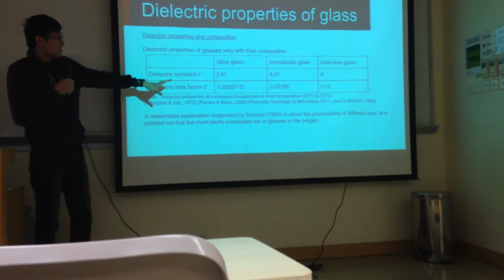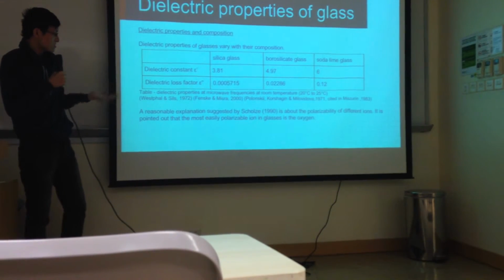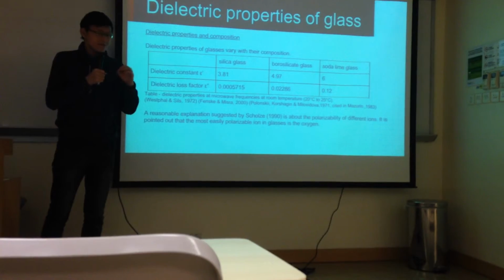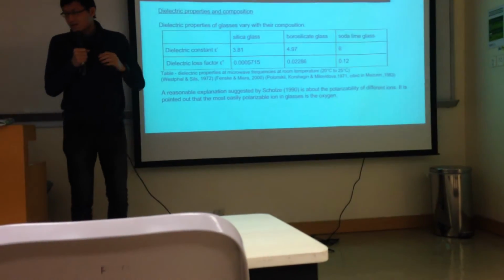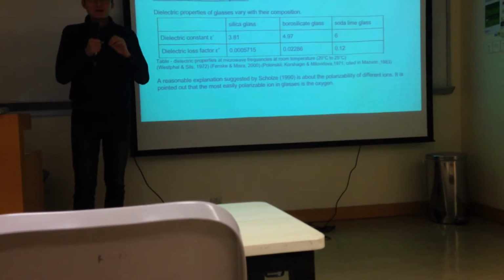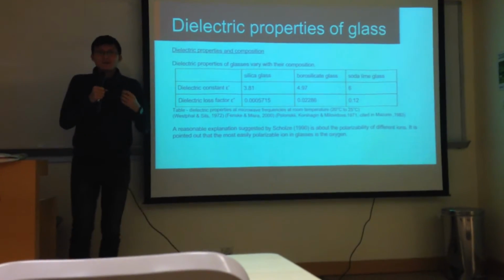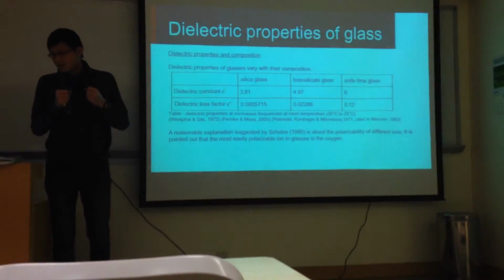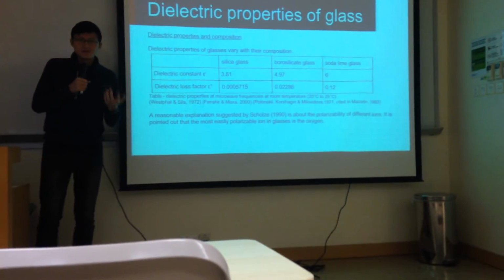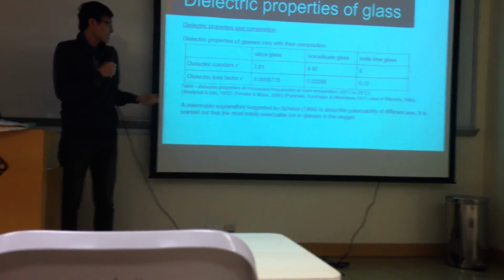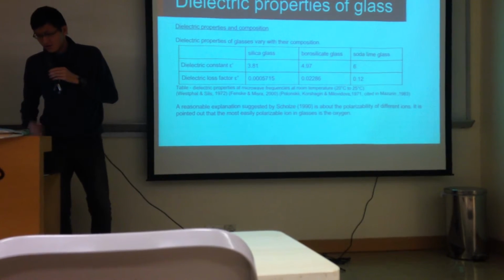We can see that the values vary quite a lot, and the difference between them could be explained by the difference of the polarizability of different ions. For example, it's pointed out that the most easily polarizable ion in glasses is oxygen. So it contributes to the difference between the values of the dielectric properties between different glasses.